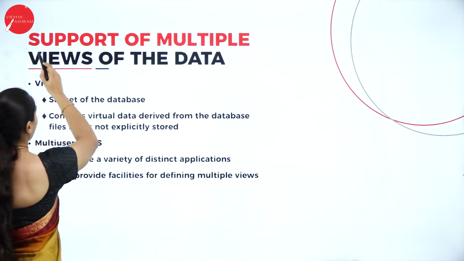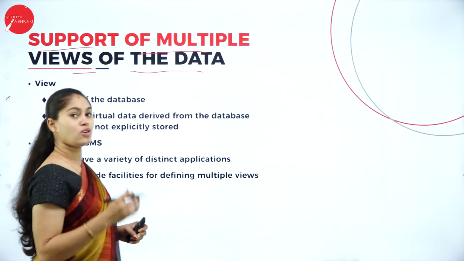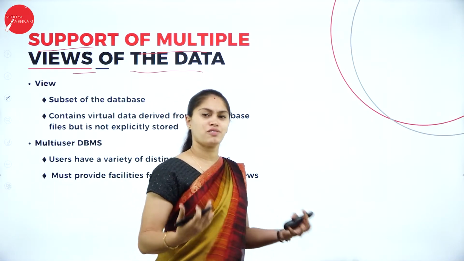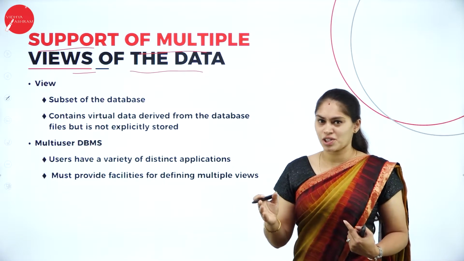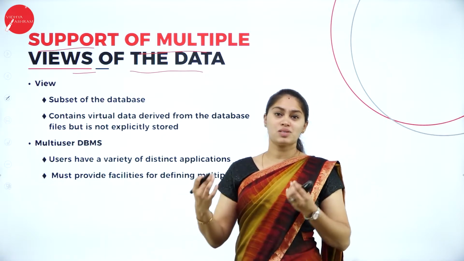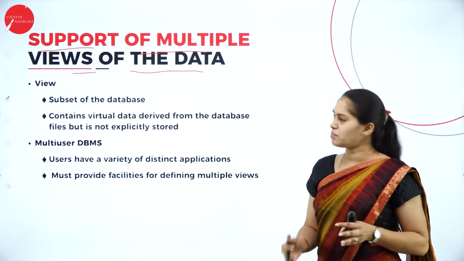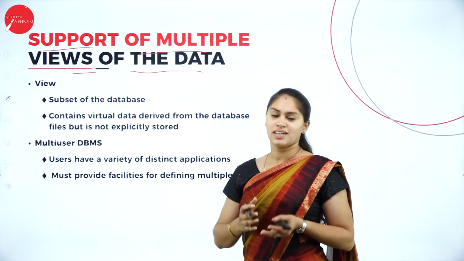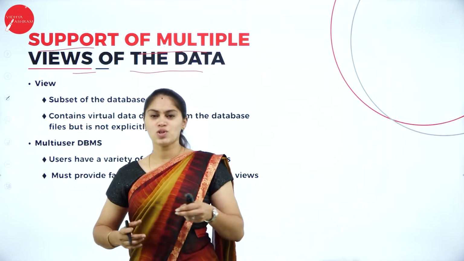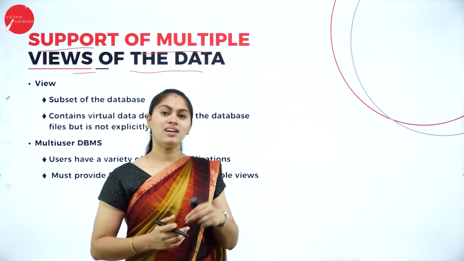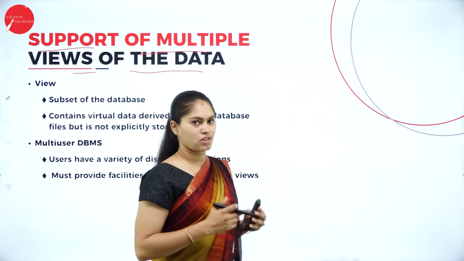Next we'll see the next point, that is support of multiple views of the data. As we all know, a database comprises n number of users and each user thinks from a different perspective, isn't it? I want a different perspective of my data to be viewed. That is what the database has to support, multiple views of the data. For example, take BookMyShow. Being a user, a viewer, I am going to book the seats, and based on that the operation takes place.